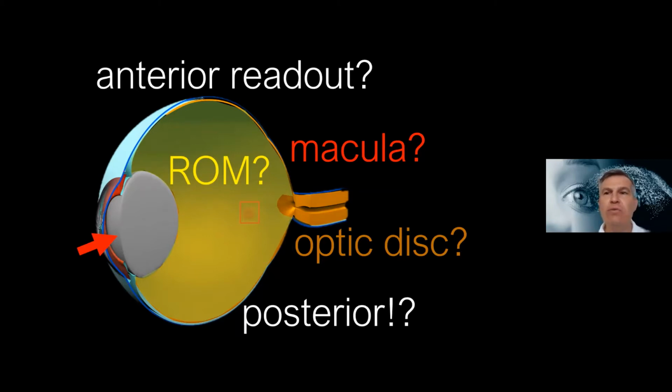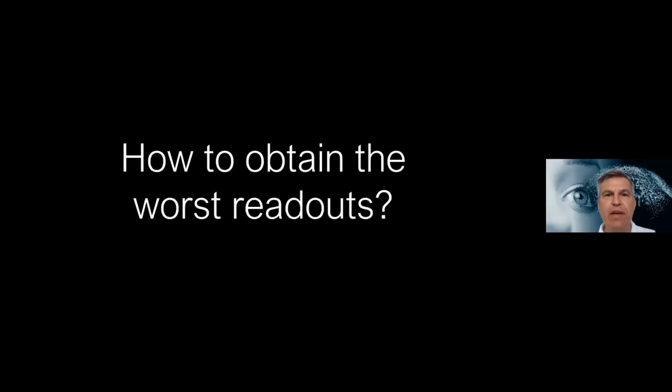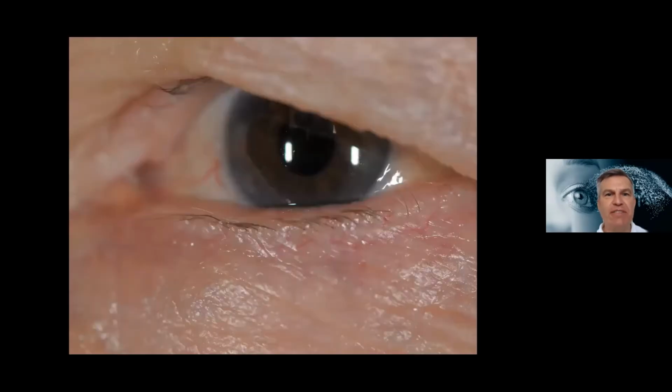So how do we get to the signals? Through the pupil, through the lens, through the vitreous, to the topic what we want to image. And how do we obtain the worst readouts? So please, it's very important to be very careful when you do clinical imaging or also with animals.